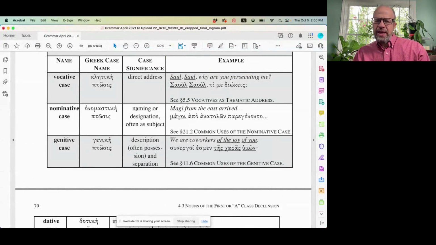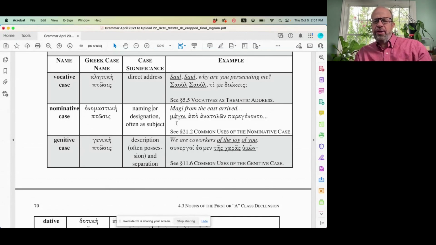The nominative case in a nutshell is a naming case or a designation case. And it is typically used as the subject. Now, there are more uses than this, which we'll look at in just a moment.